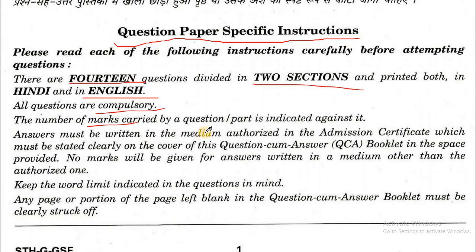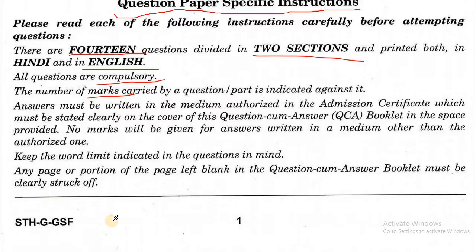Answers must be written in the medium authorized in the admission certificate, which must be stated clearly on the cover of this question-cum-answer booklet in the space provided. No marks will be given for answers written in a medium other than the authorized one. Keep the word limit indicated in the questions in mind. Any page or portion of the page left blank in the question-cum-answer booklet must be clearly struck off.